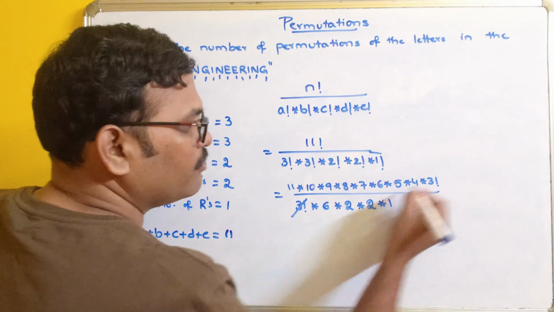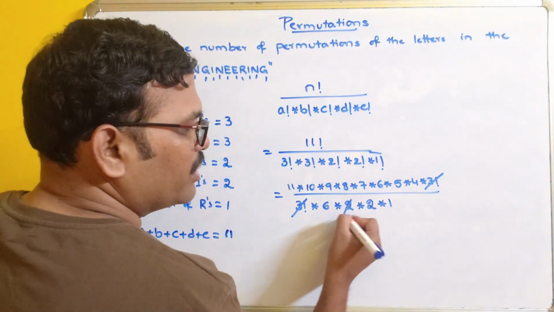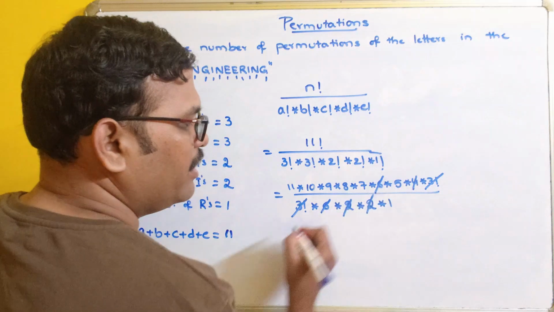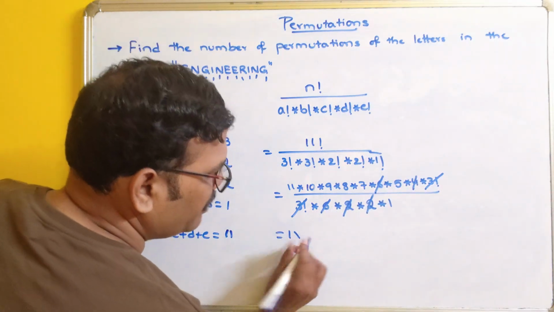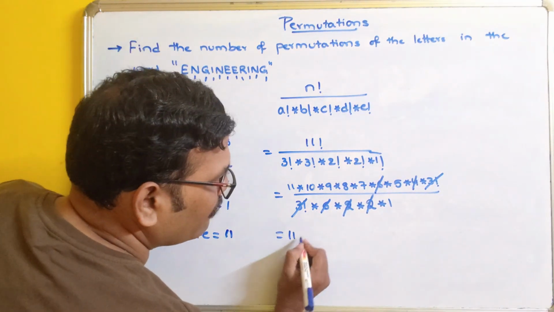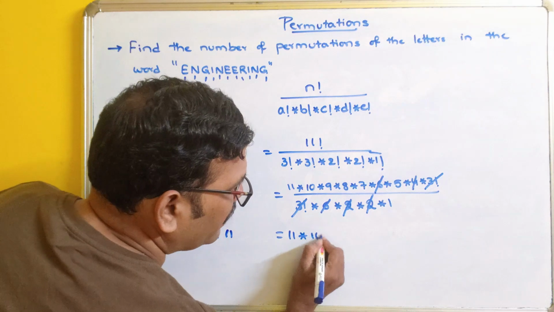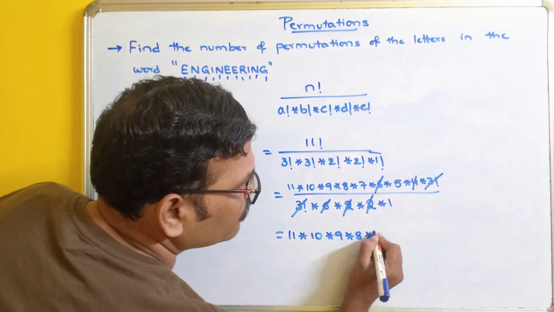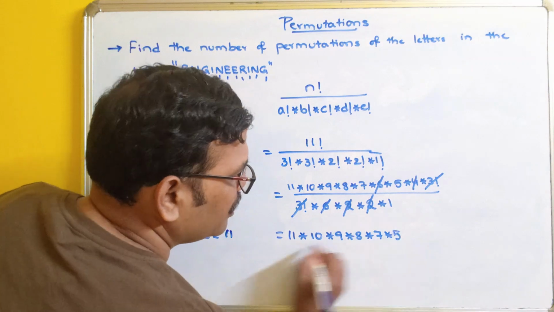So you can strike off these 3 factorials and cancel the 2 into 4 and 6, and the result will be 11 into 10 into 9 into 8 into 7 into 5. So this will be the result.